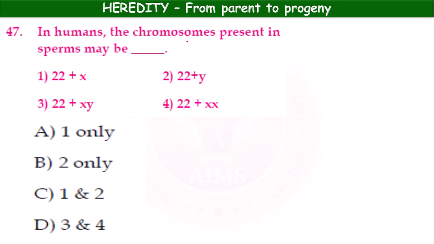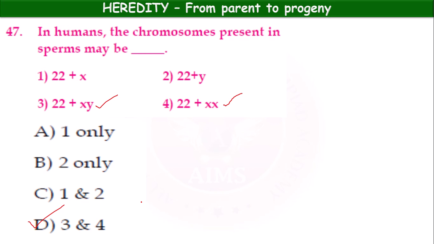In humans, the chromosomes present in the sperms may be 22 plus X, 22 plus Y, 22 plus XY, or 22 plus XX. Which one is the correct combination, children? In human beings we have to consider both males and females. 22 plus XY is in the males, 22 plus XX in the females.